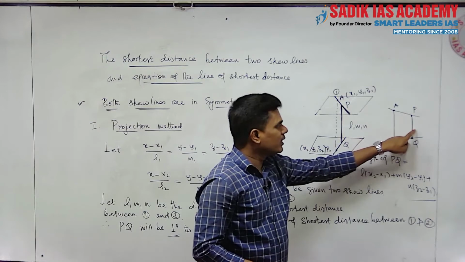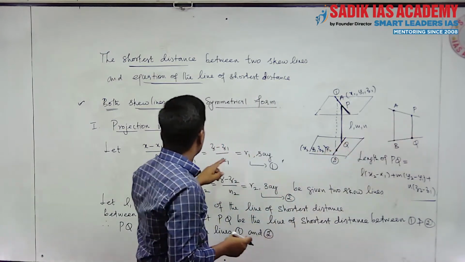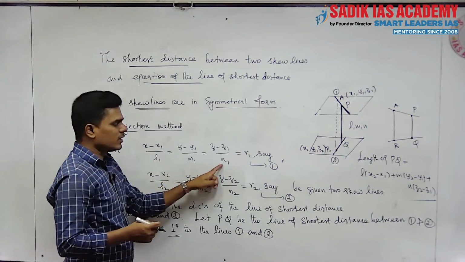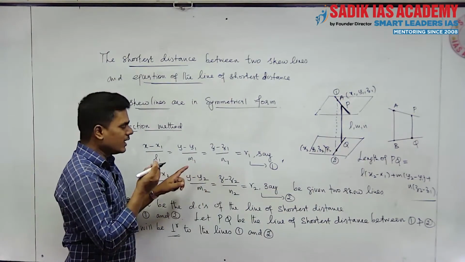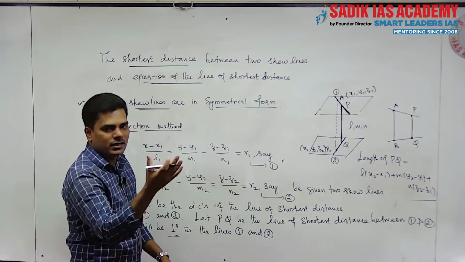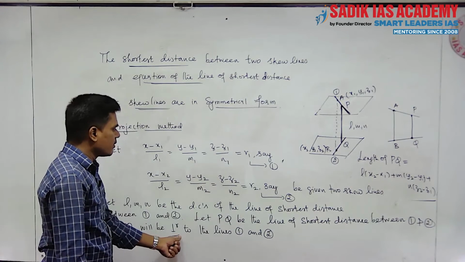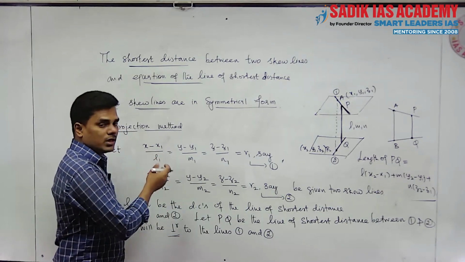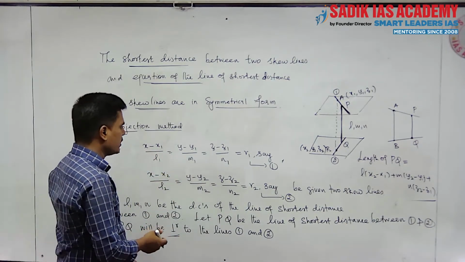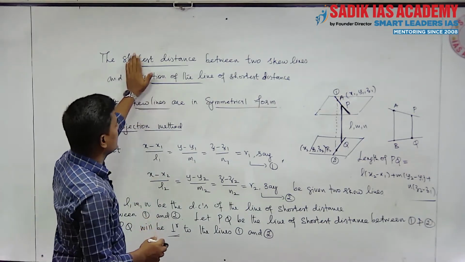For this line I have taken the direction cosines L, M, N, and for the first line L1, M1, N1. So L L1 plus M M1 plus N N1 is equal to 0. Yes or no? So using this perpendicular concept I can form two equations, right? Shall I write the two equations by erasing here?